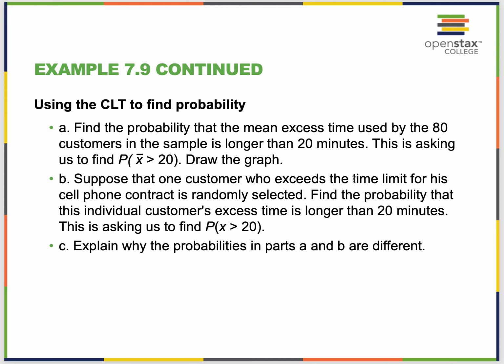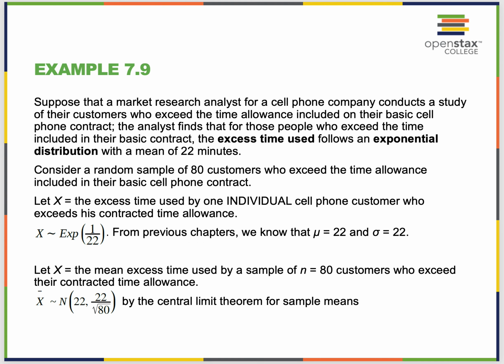Suppose that one customer who exceeds the time limit for a cell phone contract is randomly selected. Find the probability that that individual customer's excess time is longer than 20 minutes. Explain why the probabilities in part A and B are different. All right. Like I said, I will solve both these problems in another shorter video also.